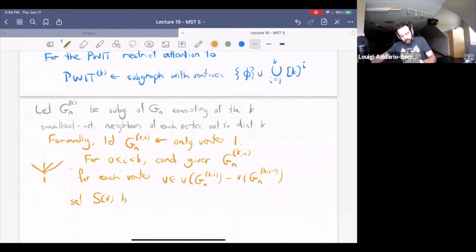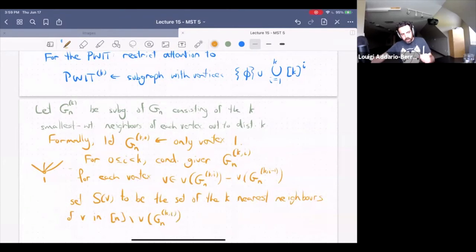So S_v will be the set of the k nearest neighbors of v in what's left of the graph, so in [n] minus the vertices of G_n^{k,i}.